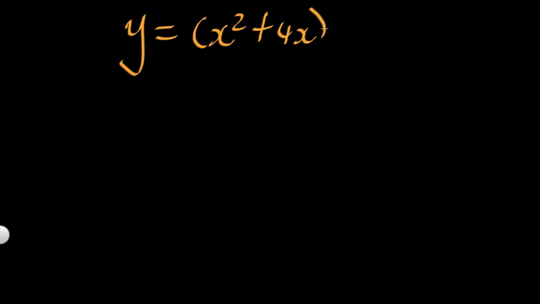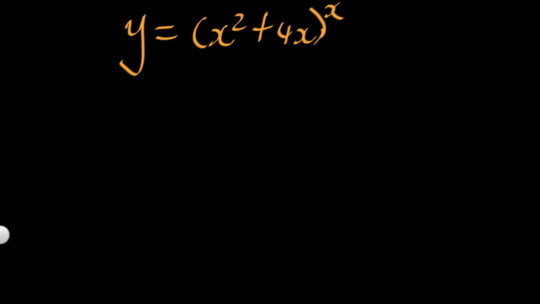Clear the board. Now I have a function like y equals x squared plus 4x, all this to the power of x. Y equals, in brackets, x squared plus 4x to the power of x.